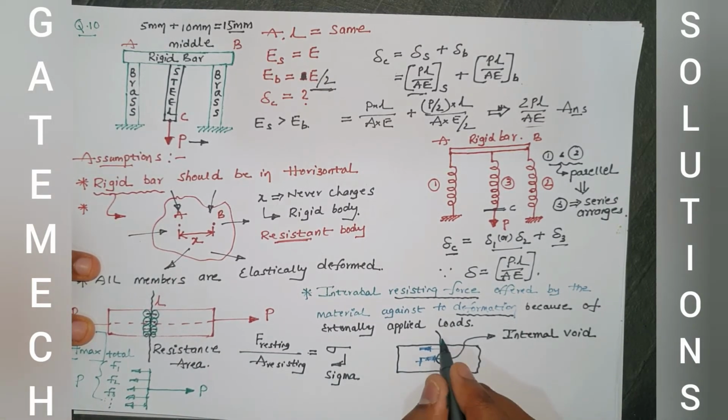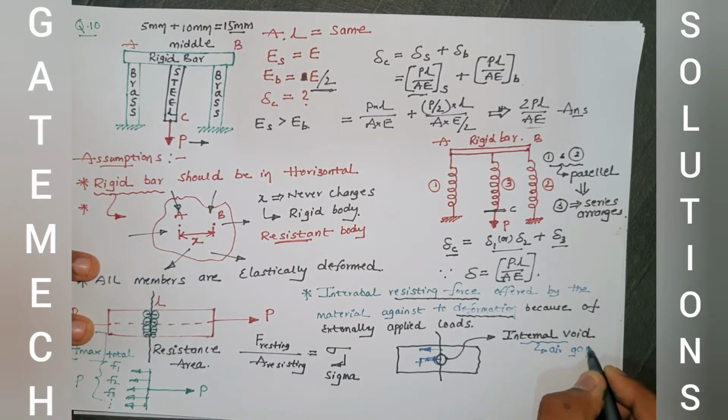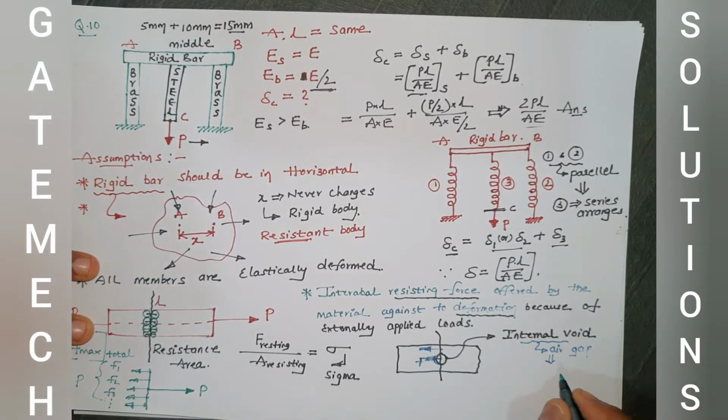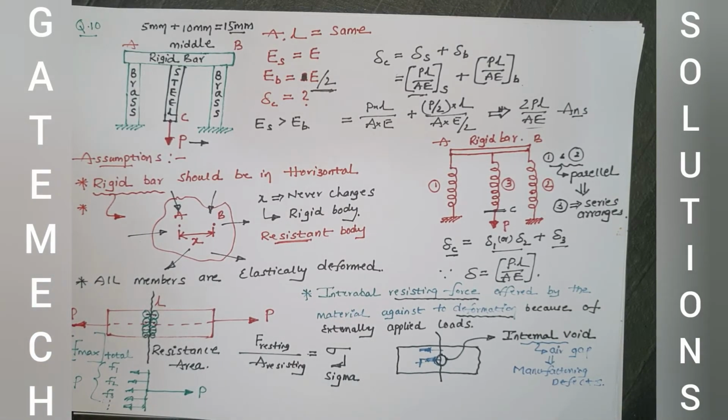The resisting force acting on this cross section is non-uniform, because of this internal void. An internal void is nothing but an air gap. This air gap comes into the picture because of manufacturing defects.